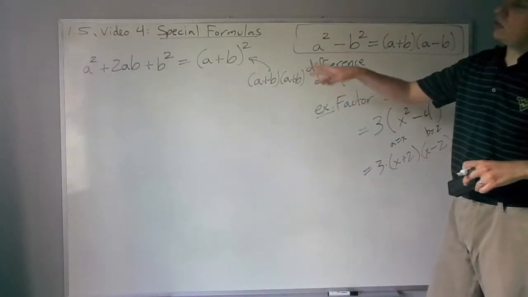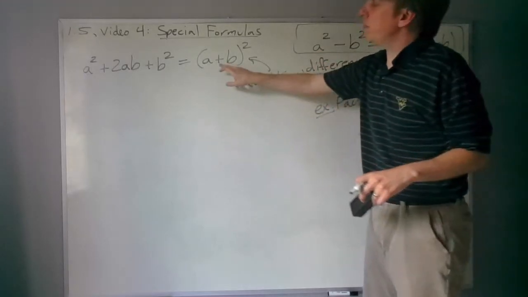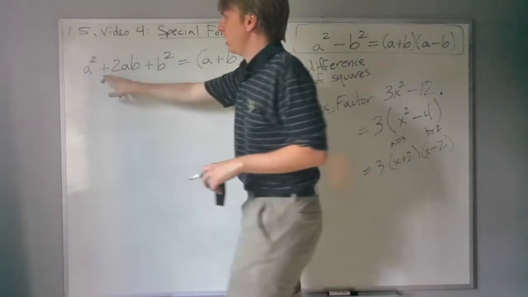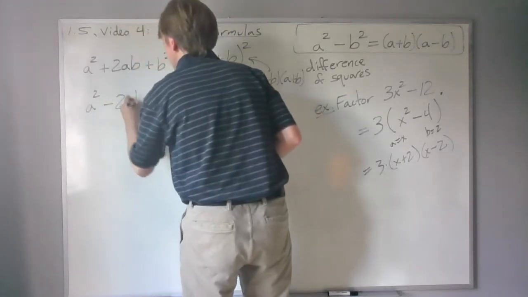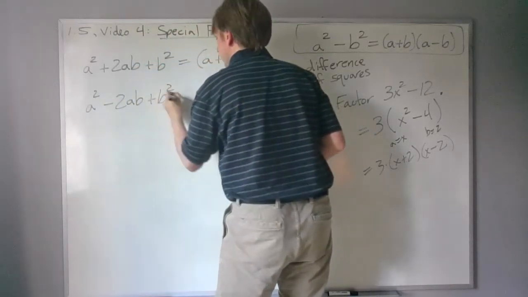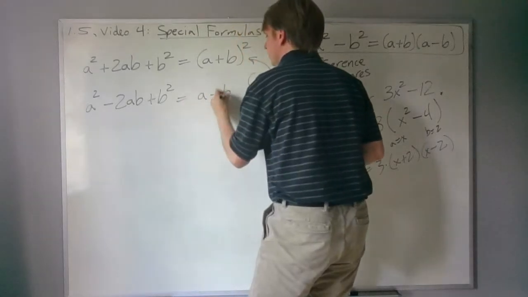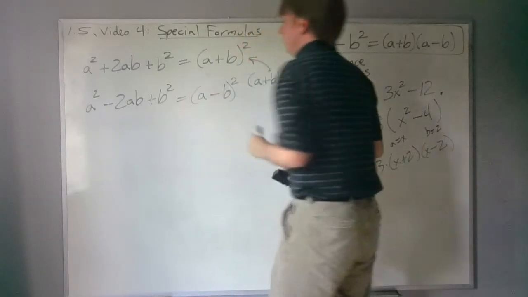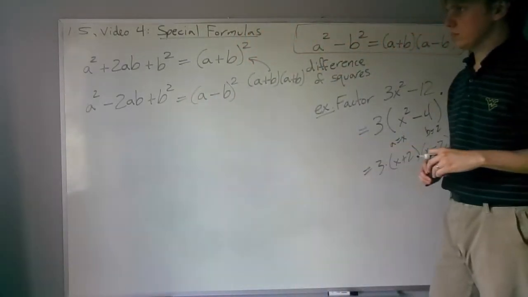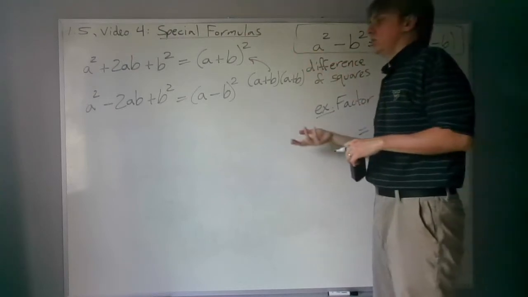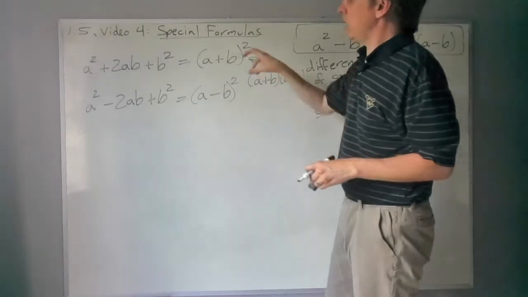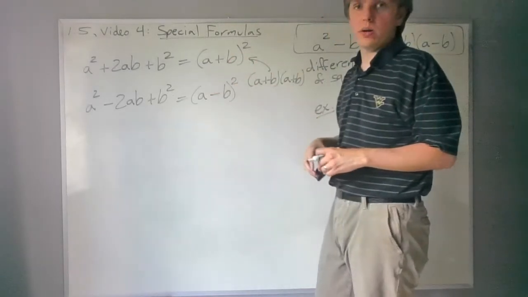There's a variation of this. If it has a minus sign in the middle, it's actually going to have a minus sign on the middle term. Okay. So these two formulas are known as perfect squares, since the right side is just a single number squared.